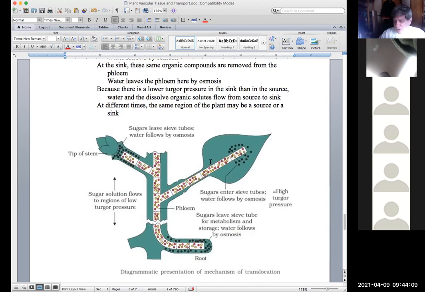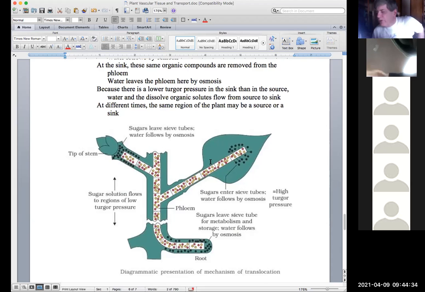It transports some water. It transports materials dissolved in water, but a lot of the materials that are transported in phloem are organic compounds. And the main organic compound that plants transfer from one spot to another is one of the sugars that we talked about back in Biology 105, a sugar called sucrose.